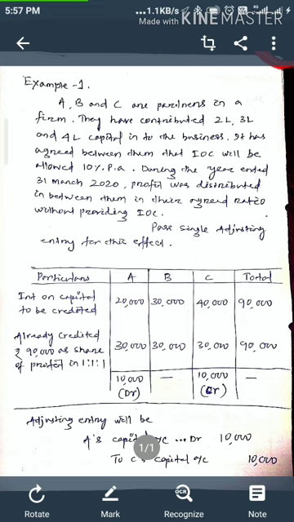So another 10,000 he has to take, so we will go for credit. Remember, the partner who is going to get, we have to credit, and the partner who has taken more, we have to debit. So here the adjusting entry will be A's capital account debited to C's capital account.